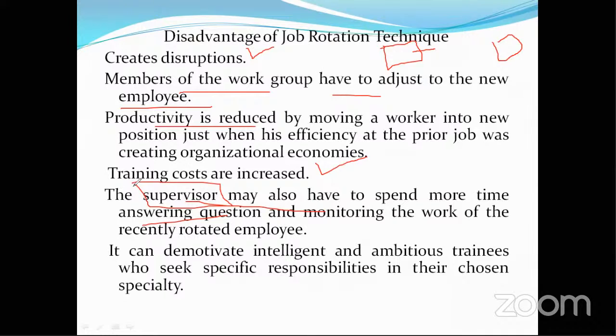Today one employee will be there, tomorrow another employee will come, day after tomorrow another employee will come, next month the total set of employees will change. So the supervisor's task will be hectic. He will have to keep on spending more time answering questions and monitoring the work of the recently rotated employee. So whoever is recently engaged in a job under him, the supervisor has to answer the queries posed by those employees.